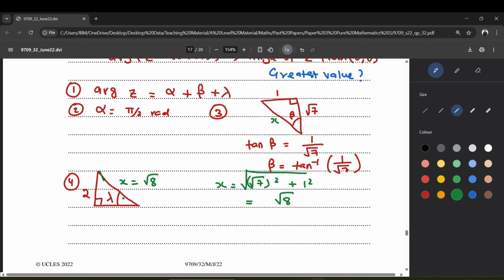And now I can see this is opposite upon hypotenuse, so we can say that sine lambda is equal to 2 upon root 8. Therefore lambda is equal to sine inverse 2 upon root 8. And let me work this out.